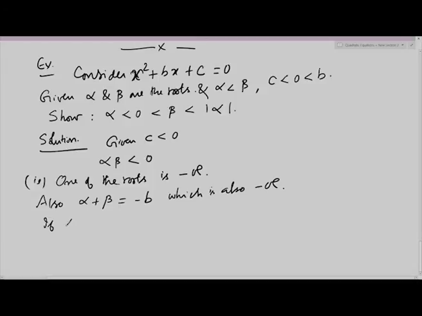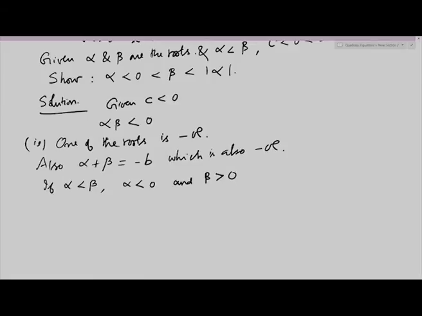Also it is given alpha is less than beta, therefore alpha is less than 0 and beta should be greater than 0, then only the product will be negative.